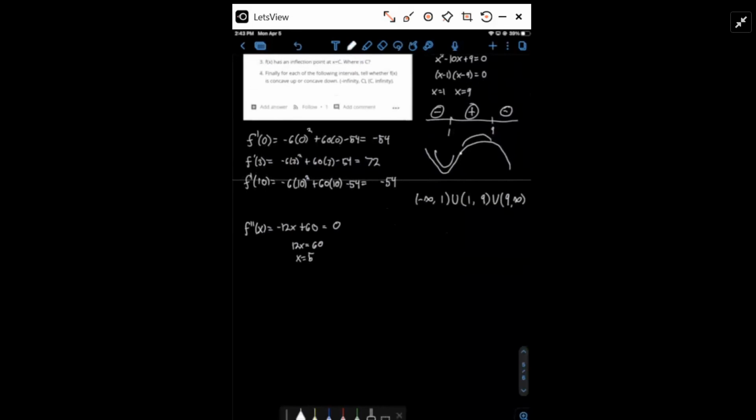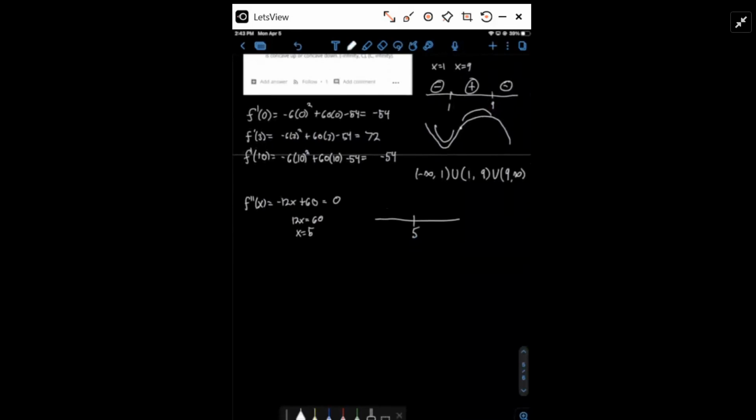And to find the intervals where it's concave up and concave down, we do another number line here. We have the inflection point 5 in the middle, and then we pick a point that's less than 5 and greater than 5, and then we plug those into f double prime of x. So let's pick f double prime of 0 equals negative 12 times 0 plus 60, which is positive. So that is concave up. If we pick a point greater than 5, we'll do 6.